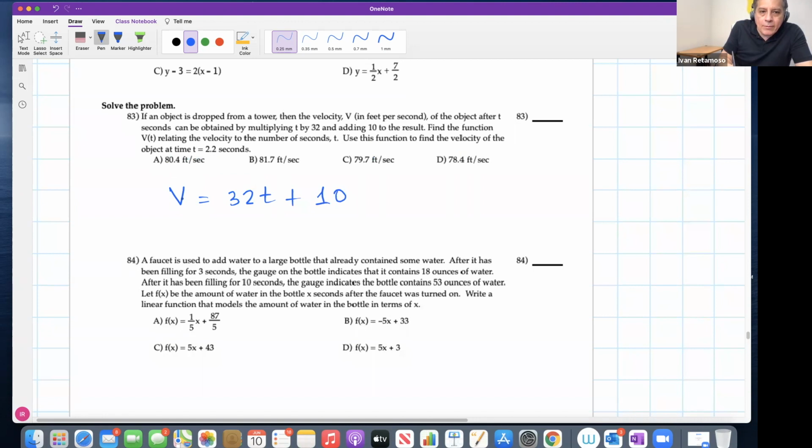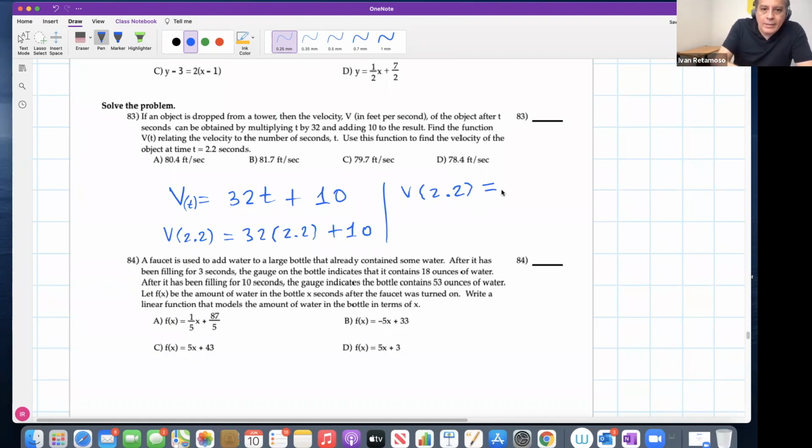You have your function v that depends on the time. To emphasize that, mathematicians attach to this v within parentheses t. So this is telling us that if you substitute t with 2.2, this should tell us, right, what is going to be the velocity after 2.2 seconds. So you got to compute this in your calculator. 2.2. Let's do it together.